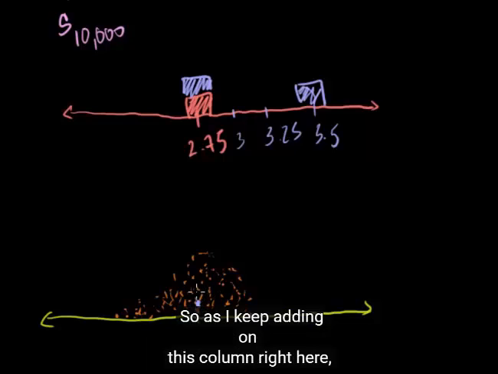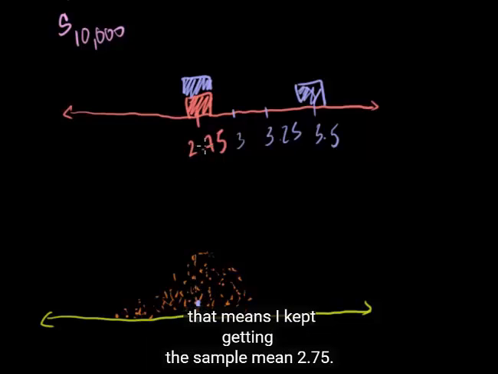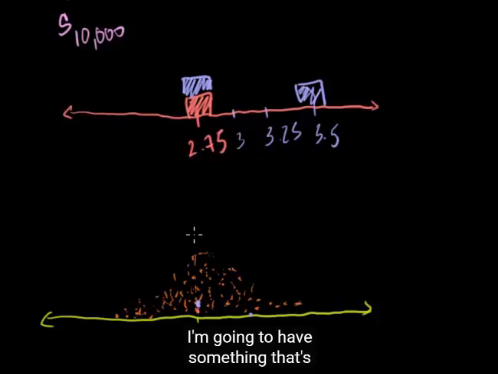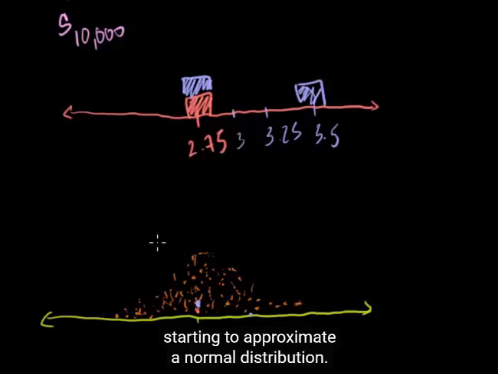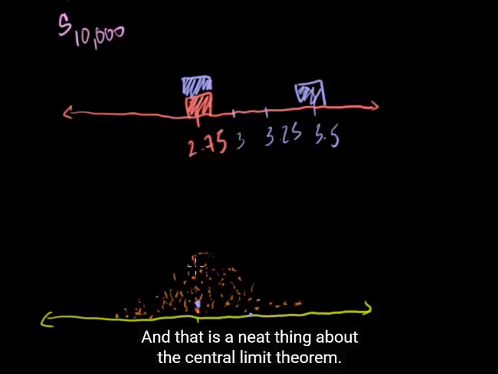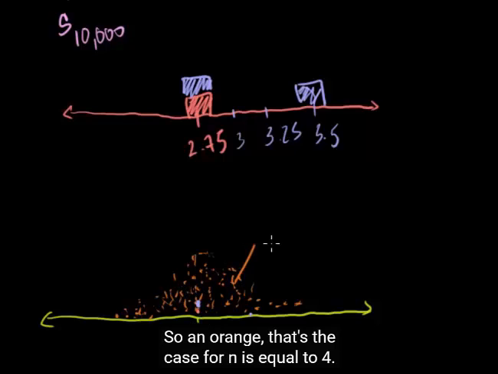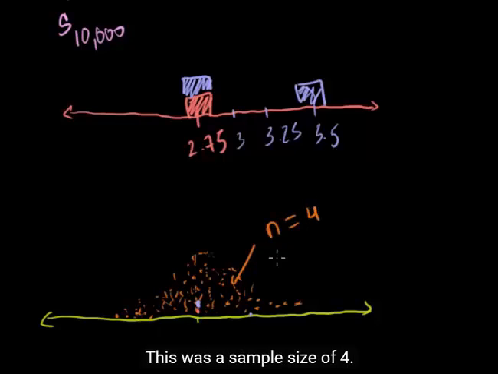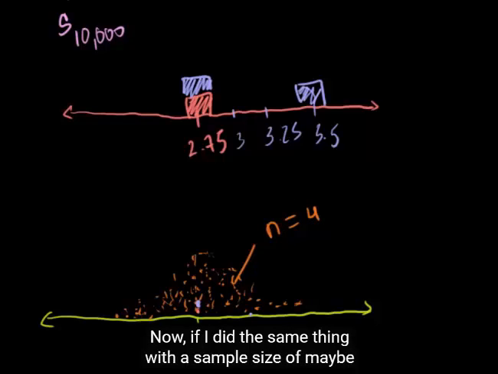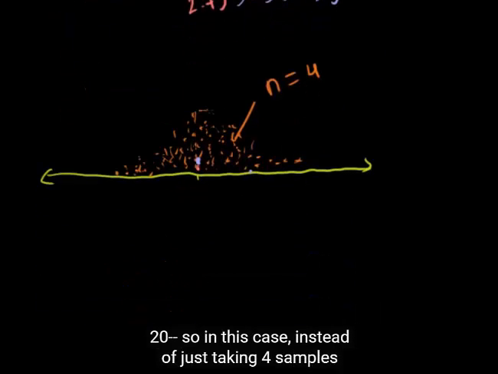So as I keep adding on this column right here, that means I kept getting the sample mean 2.75. So over time, I'm going to have something that's starting to approximate a normal distribution. And that is the neat thing about the central limit theorem. So in orange, that's the case for n equal to 4. This was for a sample size of 4. Now, if I did the same thing with a sample size of maybe 20.